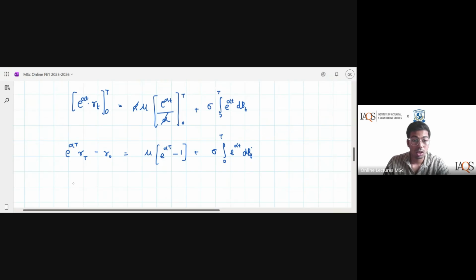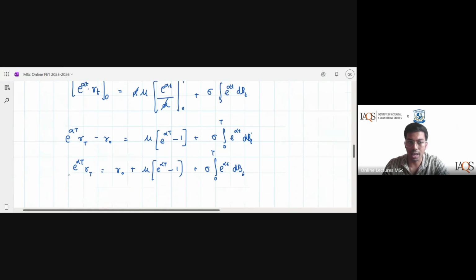Let's go step by step. R_0, I'll shift it to the right-hand side because I need the equation of r_T, not r_0. So I shift r_0 to the right-hand side, minus 1, plus σ into the integral from 0 to T of e^{αt} dB_t.